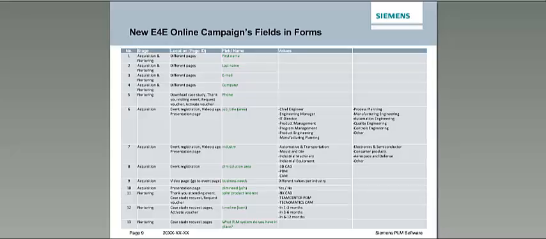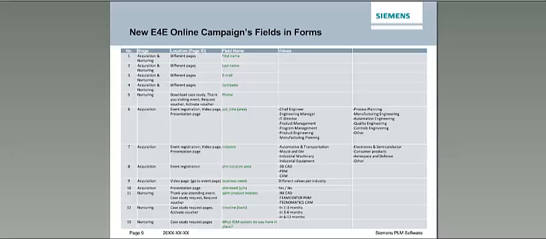Maybe we start with only an email address and a name, and along the campaign we will learn more about these contacts, which can be used for the qualification process and for further follow-up actions that are part of the campaign. In fact, the kind of information that we collect follows the sales qualification process.